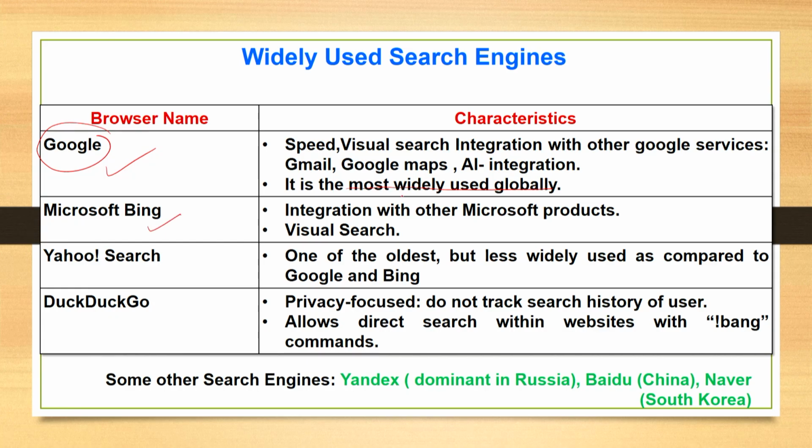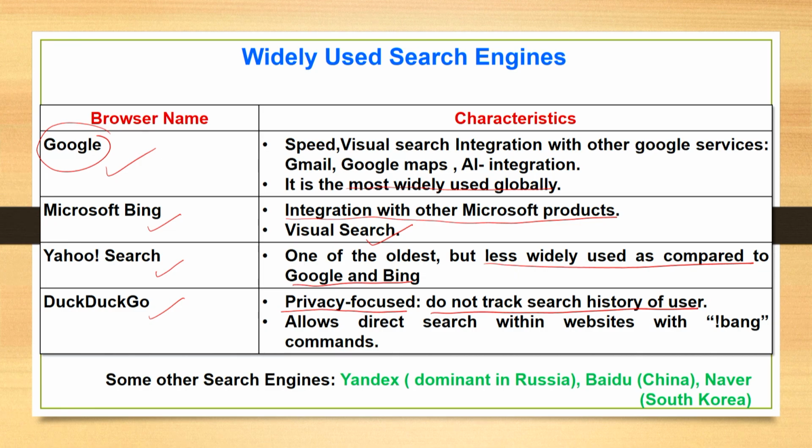Microsoft Bing also has integration with other Microsoft products and it provides visual search. Yahoo Search is one of the oldest but less widely used compared to Google and Bing. DuckDuckGo mainly focuses on privacy, that is, it does not track the search history of the user, and it allows a direct search within a website with commands.